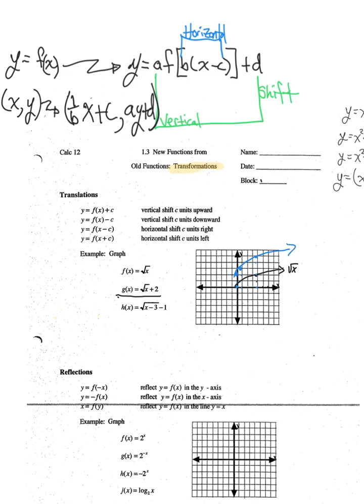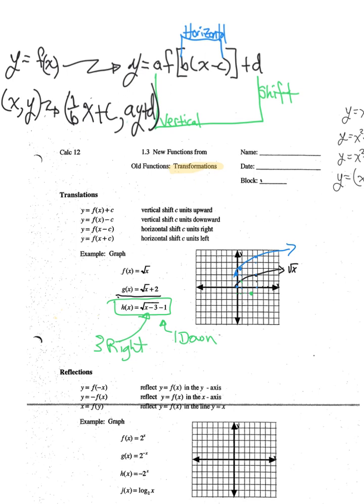And last of all, if I'm looking at h of x equals root x minus 3, minus 1, the minus 1 is going to move it 1 down, but the minus 3 composed inside the function is going to move it 3 to the right. So my function root x is going to move 1 down and 1, 2, 3 to the right.